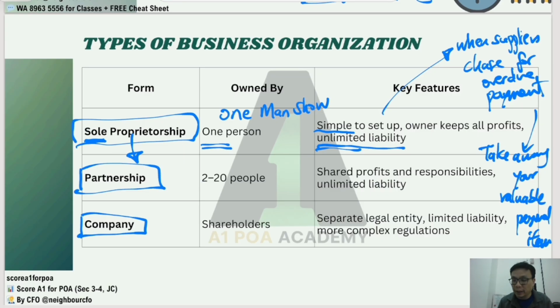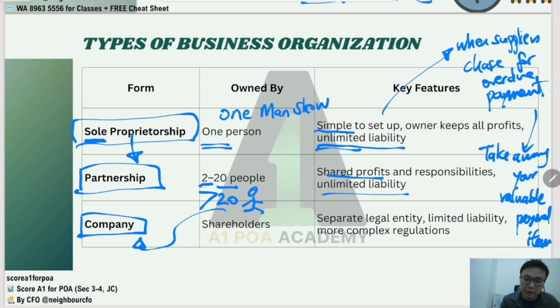So for a partnership, minimally we need to have two, maximum 20. If we have more than 20 persons, then there is a need to incorporate a company. So for a partnership, they share profit and responsibility, and of course, just like sole proprietorship, they have unlimited liability.